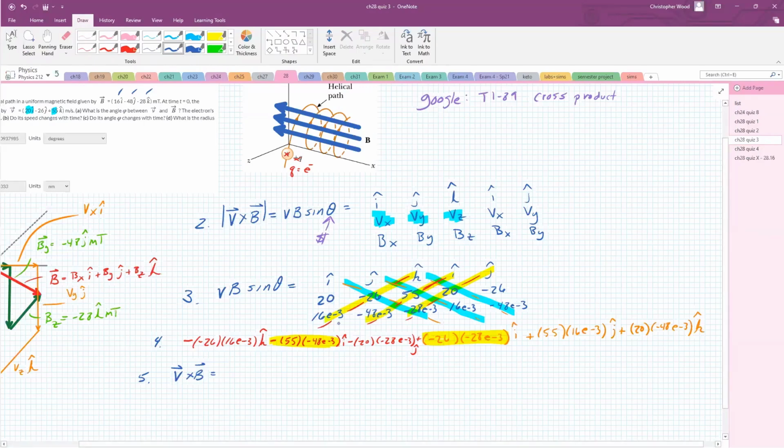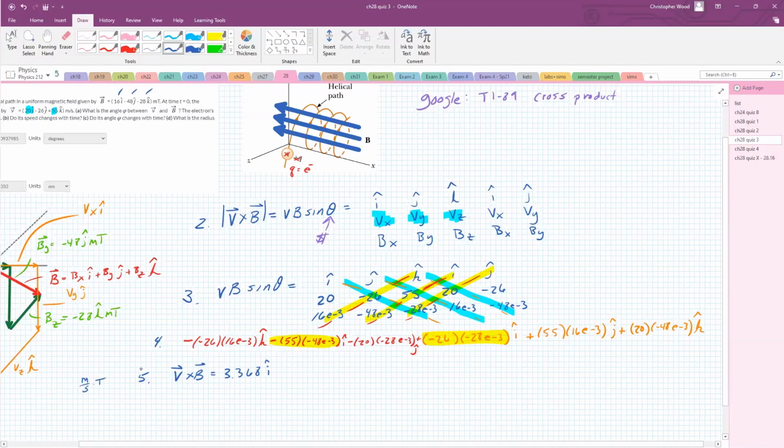And then I'm going to add my second I hat component, plus a negative 26 times a negative 28 e minus 3. I'm getting this number for my I hat component: 3.368 I hat. The units would be velocity in meters per second and magnetic field in Tesla, so you could just leave it like that.